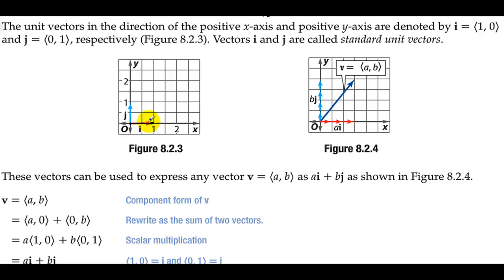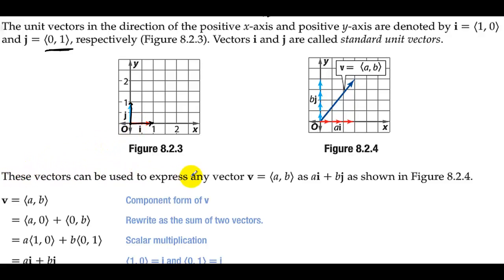So here is a unit vector, a vector with length 1, and it's going along the x-axis. Likewise, we have a unit vector that's going along the y-axis, and it's denoted by the point 0, 1, where the initial point is at the origin, and we go up to 0, 1.